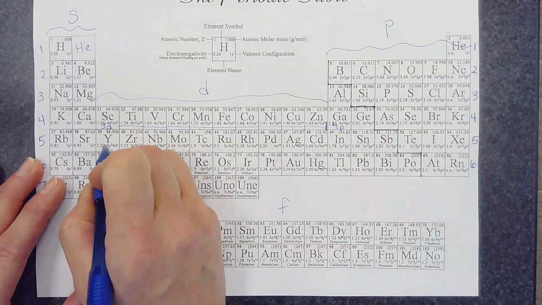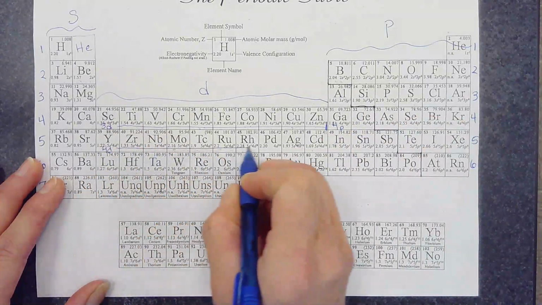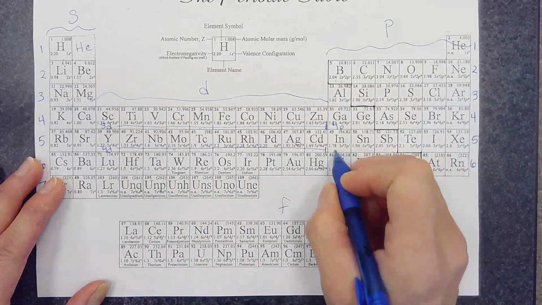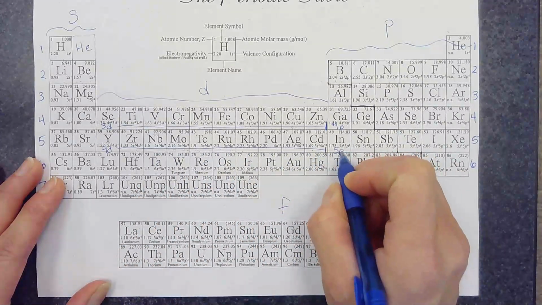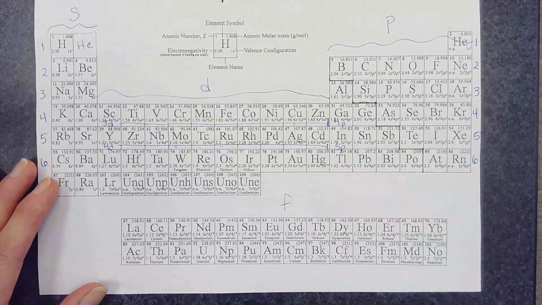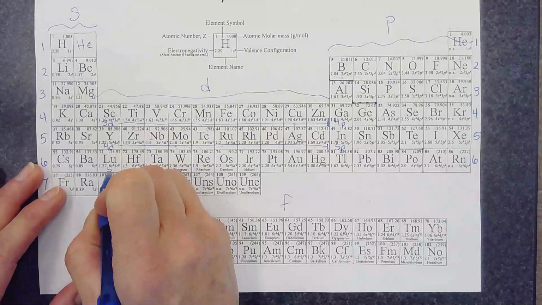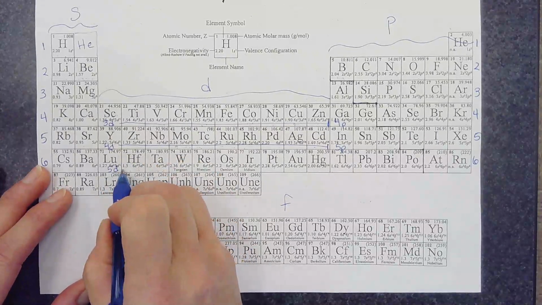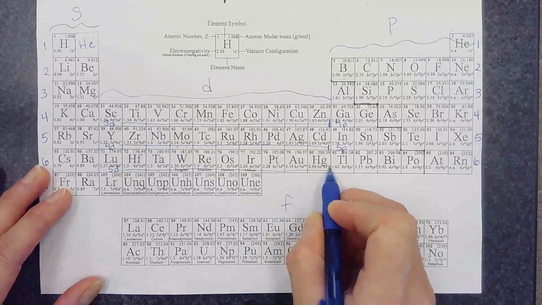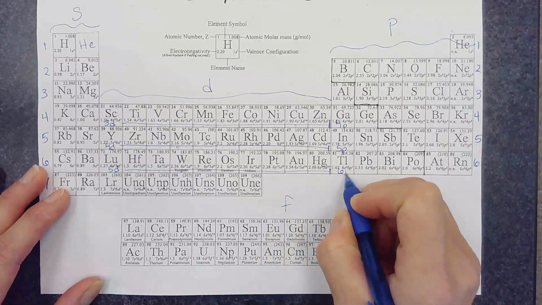Do the same thing here, call it 4D. Really do this, guys. If you don't, you're going to be in trouble because it's not going to make sense later. I'll tell you why later. I'm pretty good about telling people why things happen, but right now you're just going to have to do it. 5D on lutetium, and then thallium starts 6P again.